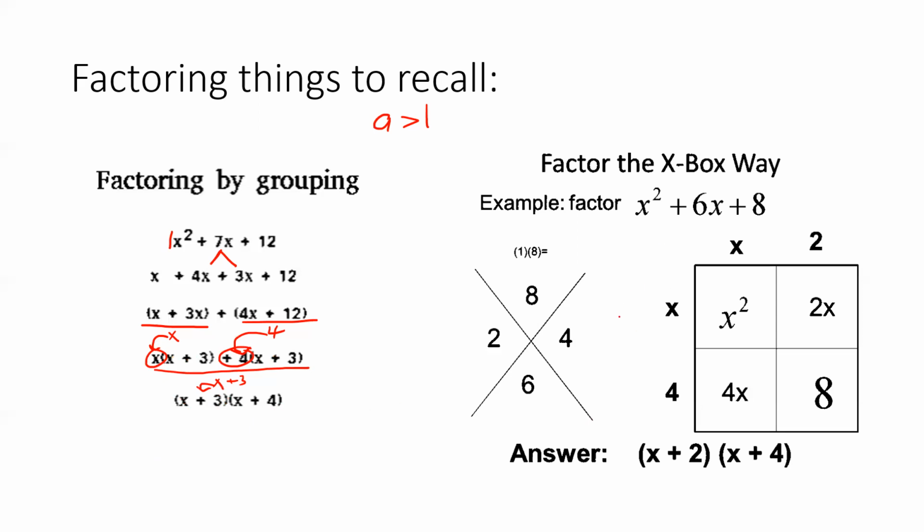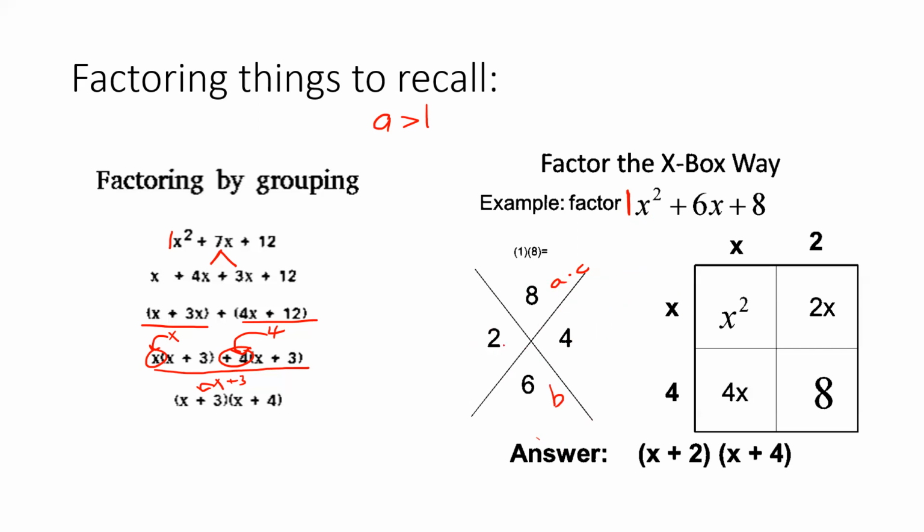Now, with your Xbox way, if your A is more than 1, you're going to multiply. So in the top of our X, it's our A times our C term. At the bottom of our X, it's our B term. So we ask ourselves, what two numbers multiply to give me A times C, but add to give me B?